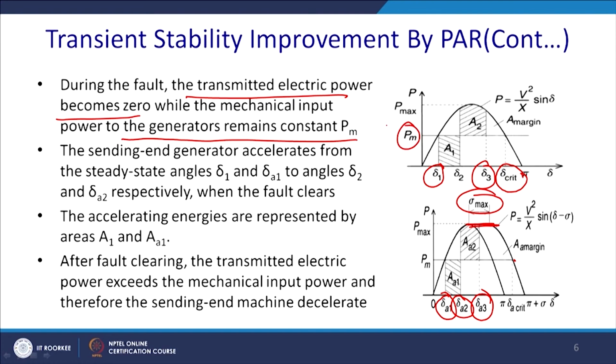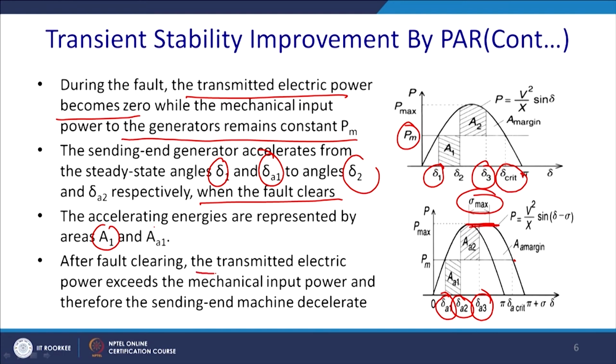The sending end generator thus accelerates from the steady state value delta 1 and delta A1 in case of the presence of the PAR to delta 2 and delta A2 respectively, when the fault is cleared. The accelerating energies are represented by A1 and AA1. So, both areas are essentially same, there is no difference. After fault, what happened?